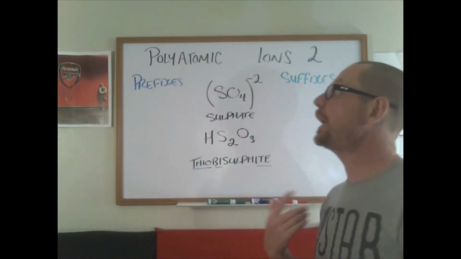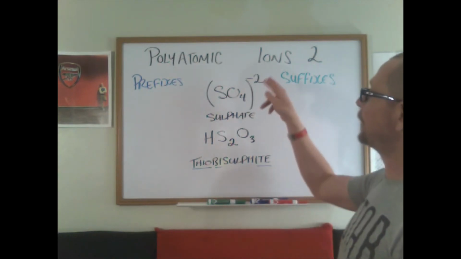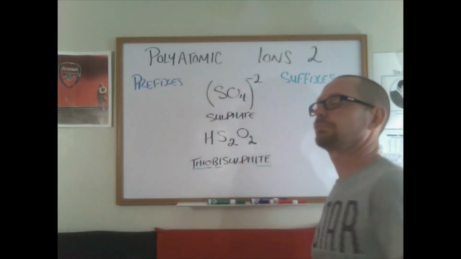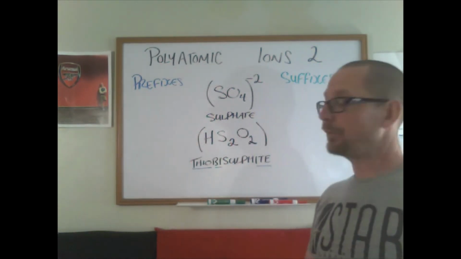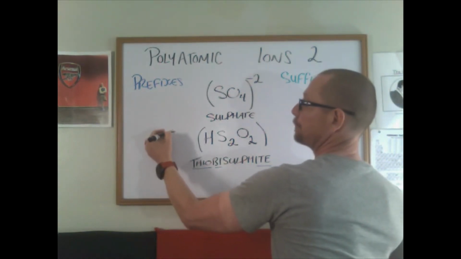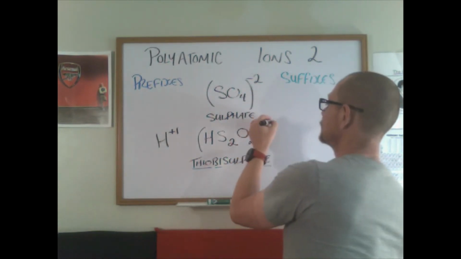And sulfite means I have 1 less oxygen anyway than I did sulfate. What about the charge? Well, we remember that the bi brings a hydrogen ion, H plus 1 plus negative 2 is negative 1.